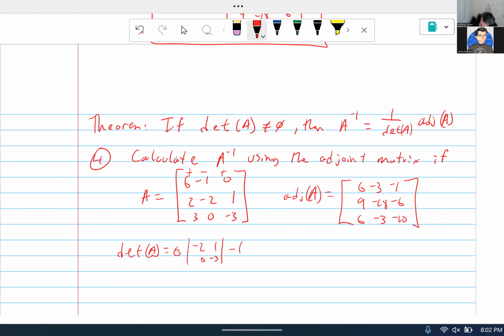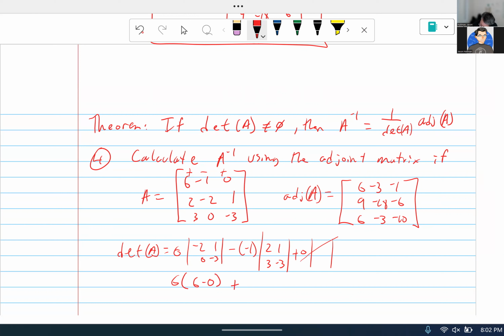Minus -1 times the determinant of 2, 1, 3, -3, and then plus 0 times the other term, that's just going to go to 0.